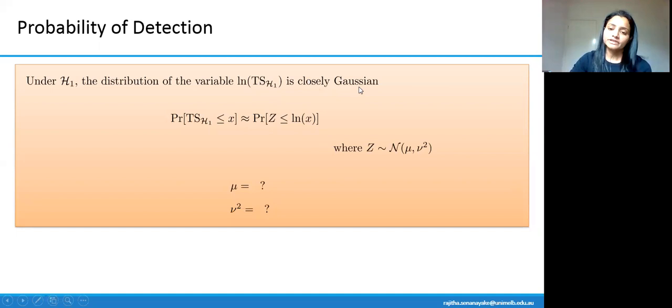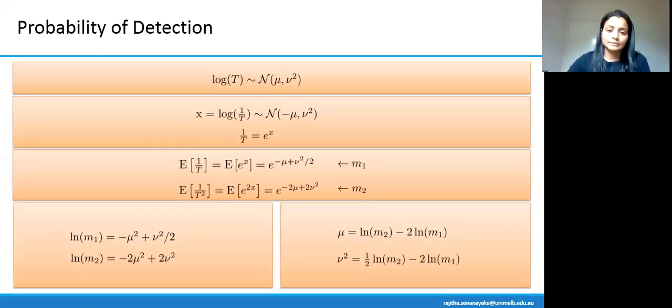So we were motivated to first approximate the CDF of this random variable using a new random variable, say Z, which has a Gaussian distribution with a certain mean and a certain variance. But the question was, what were this mean and variance? And to find these two values, we used an approach like this.